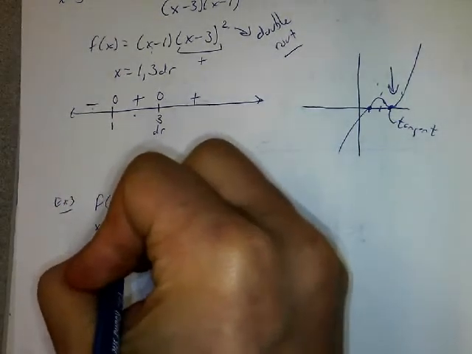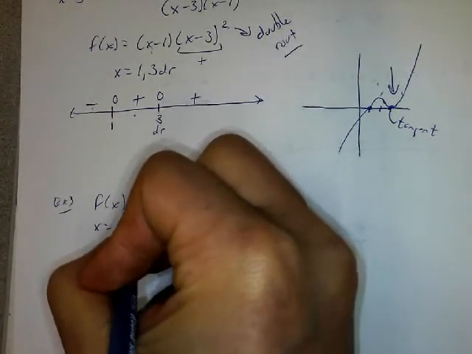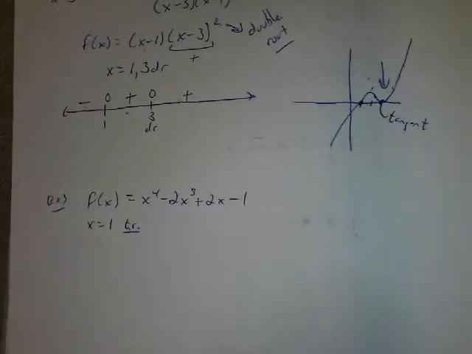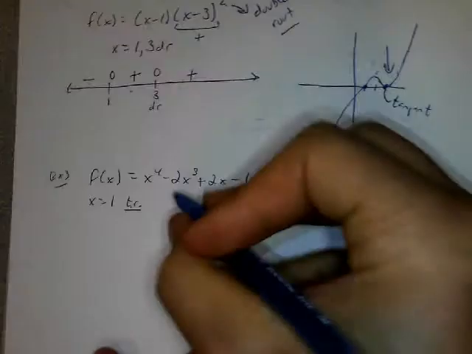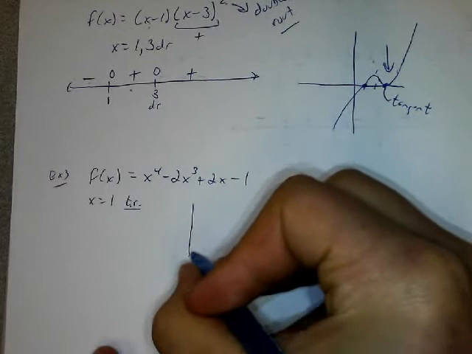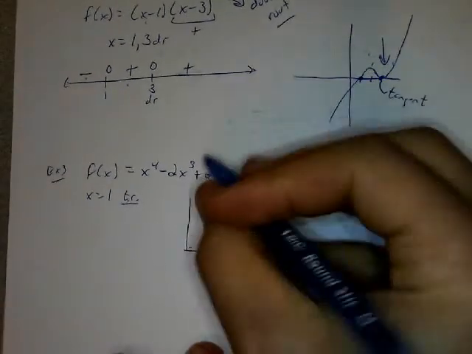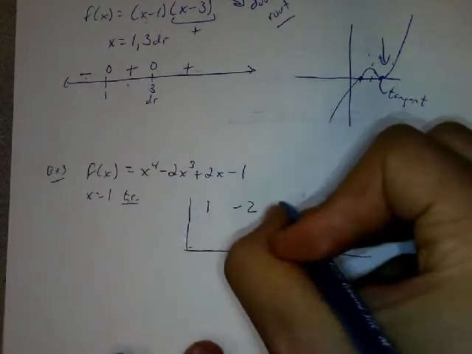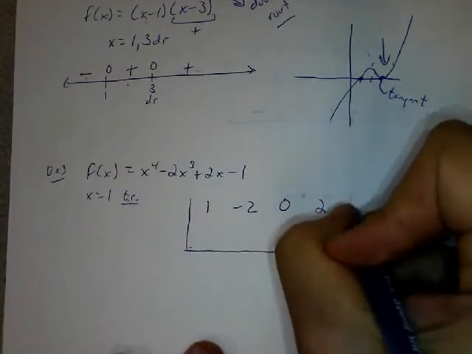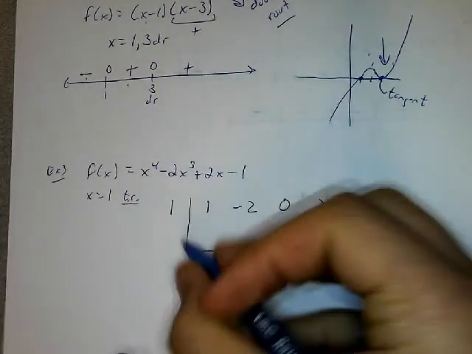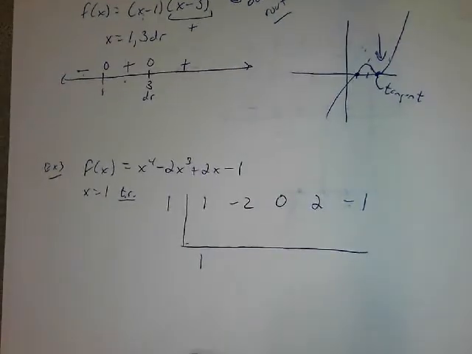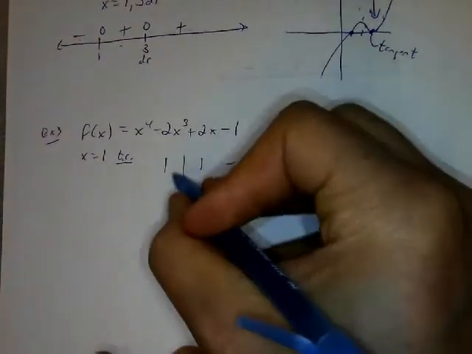We know that x equals 1 is a triple root, which means it should show up 3 times. So let's do our synthetic division. 1, negative 2. Don't forget the 0. 2, negative 1. Again, this better work because I'm telling you up front that it's a triple root.